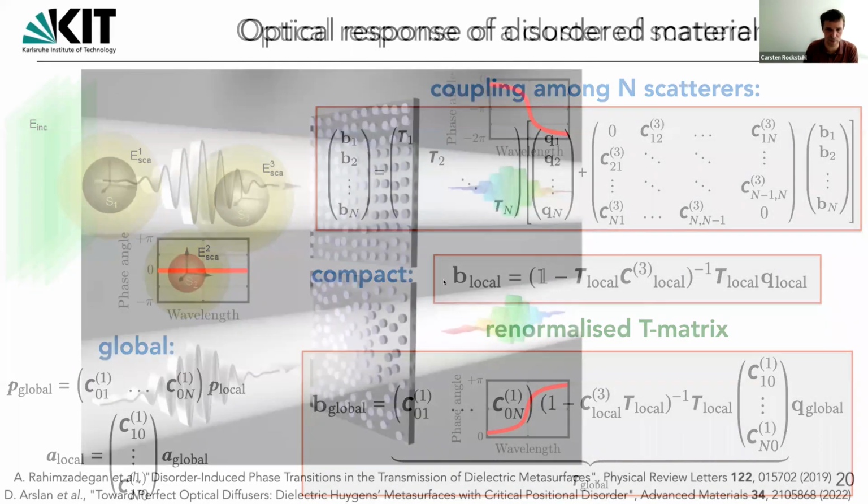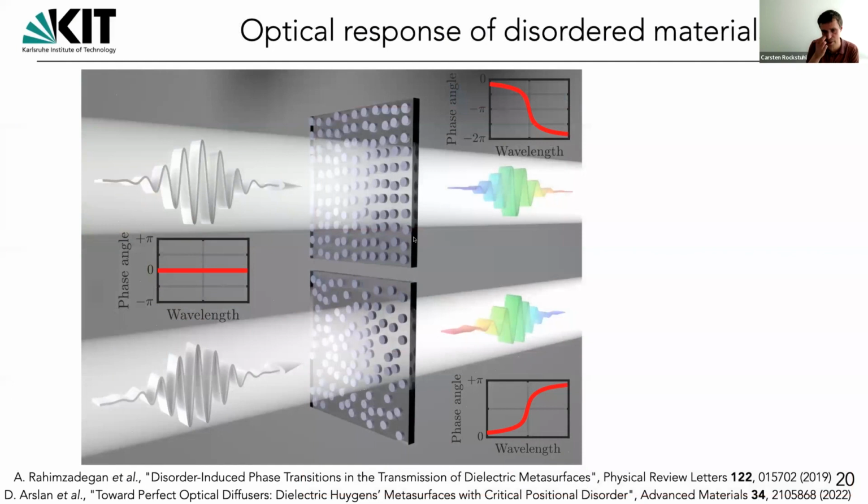Some fields of application where we have been applying this in the past years. This is a metasurface, a Huygens metasurface made out of high-index disks. The geometrical properties of these disks have been tuned in such a way that at normal incidence, you excite an electric and magnetic dipole moment of equal strength.